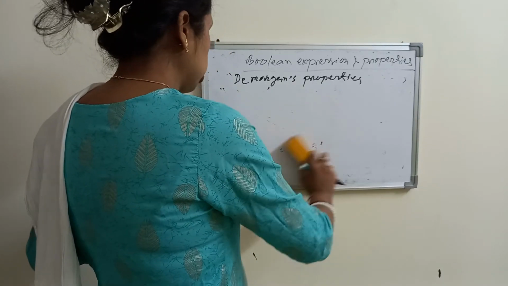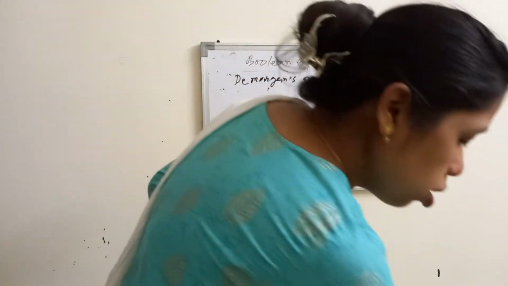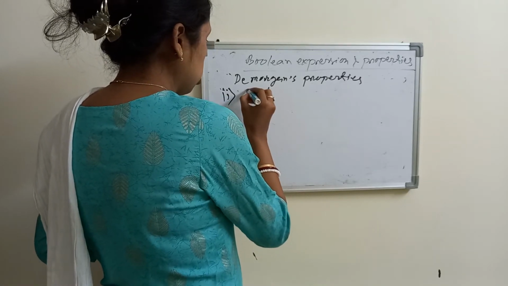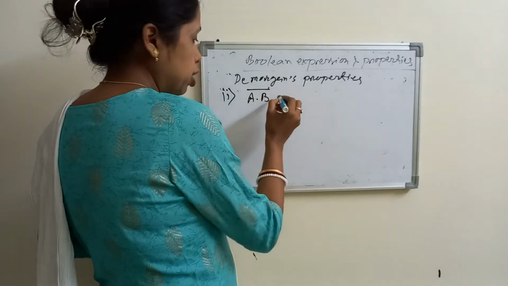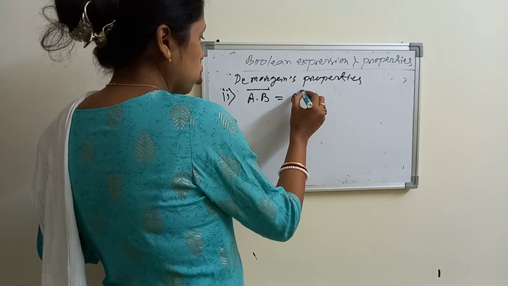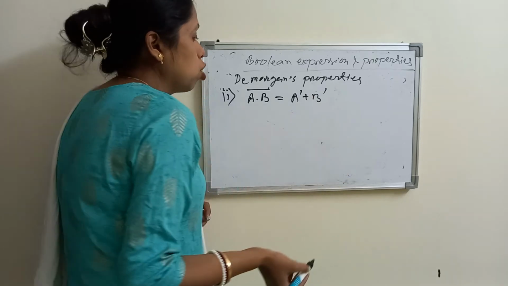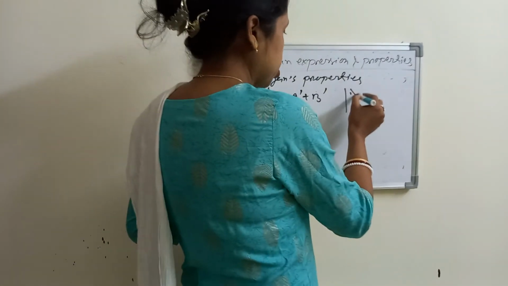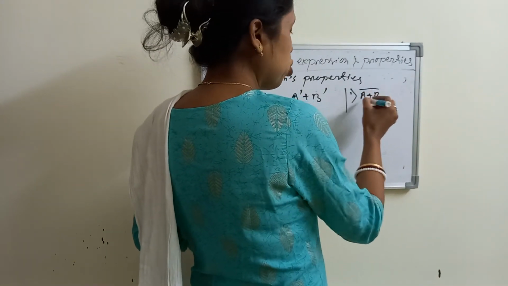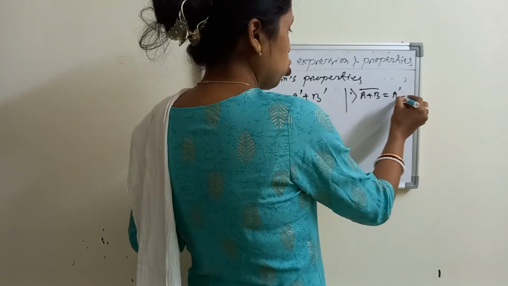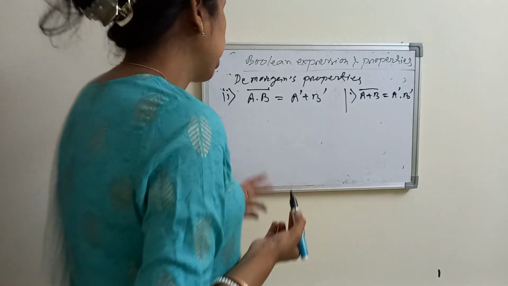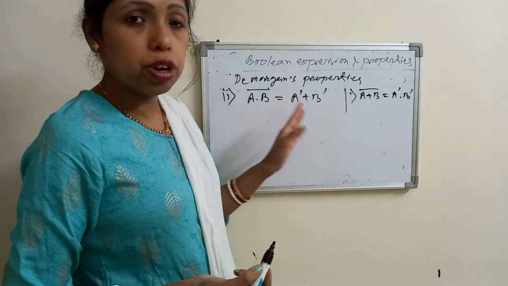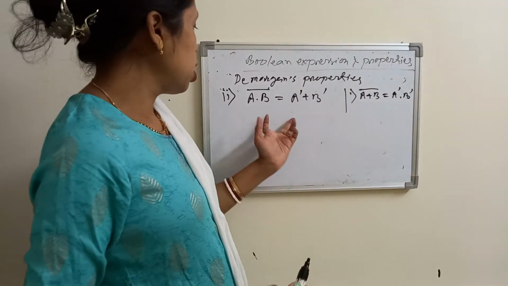Second De Morgan's theorem: the complement of logical multiplication is equal to the logical addition of the complements of the two inputs. Both are different. So the first one was the complement of logical addition equal to the logical multiplication of individual complements. Here it is the complement of logical multiplication equal to the logical addition of the complements of individual inputs. These two are De Morgan's theorems.